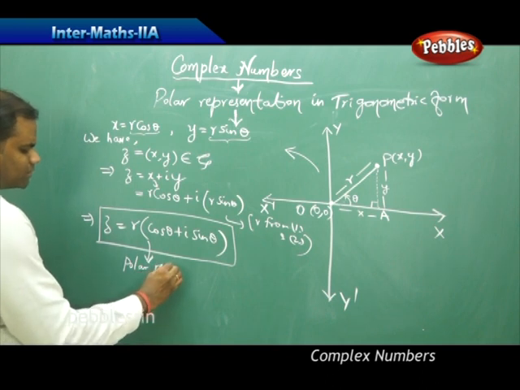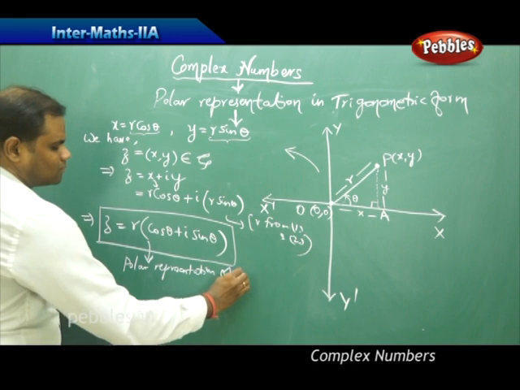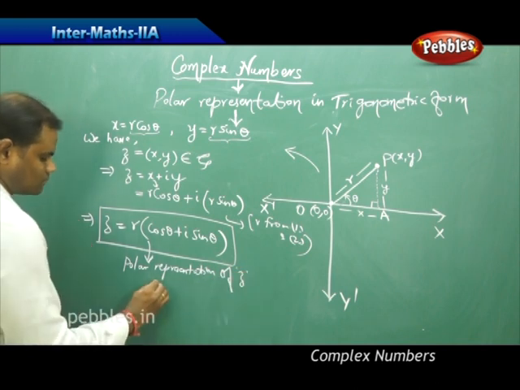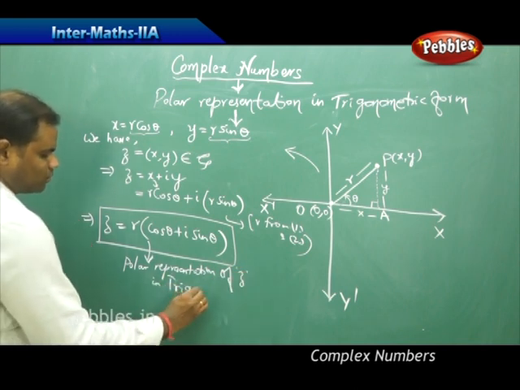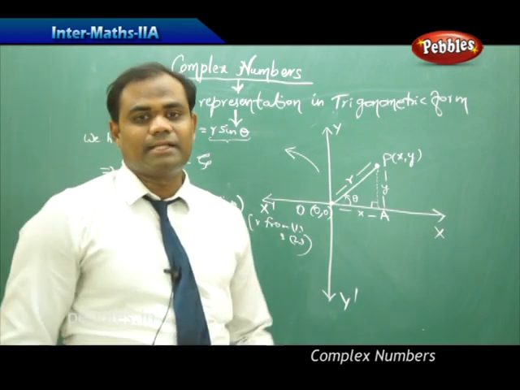Polar representation of z in trigonometric form, which includes cos theta and sin theta.